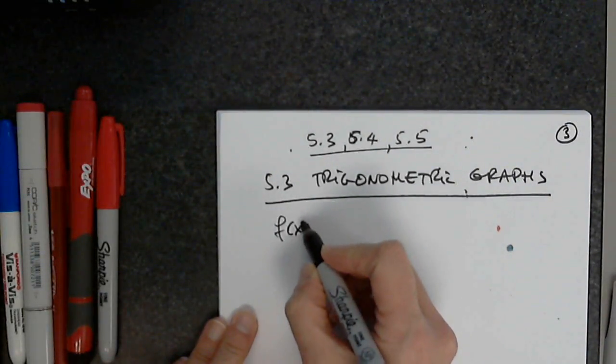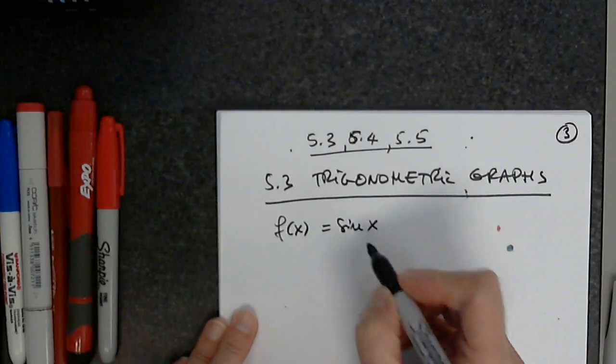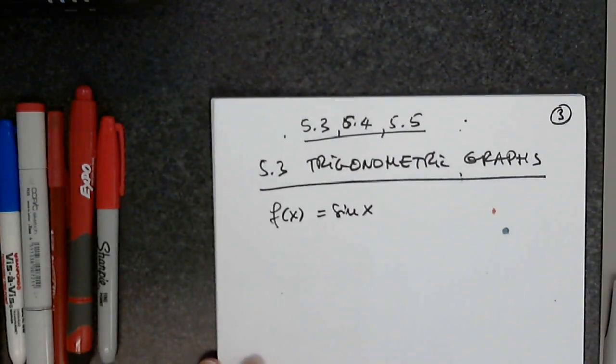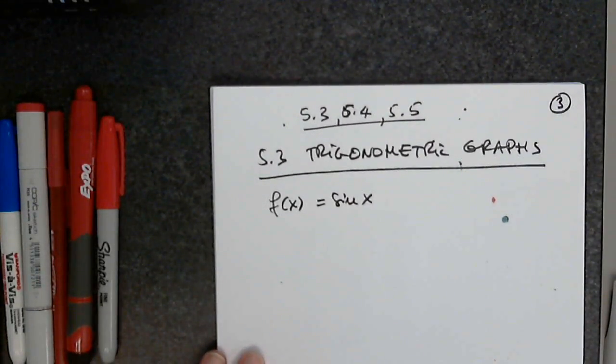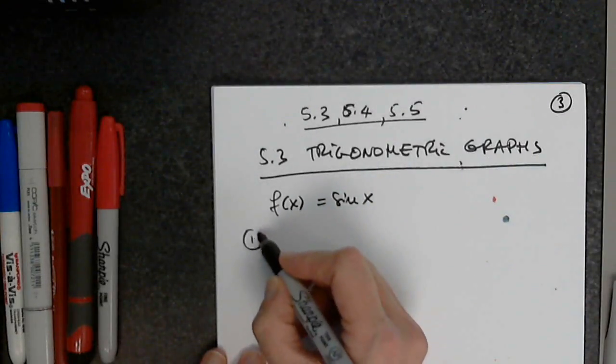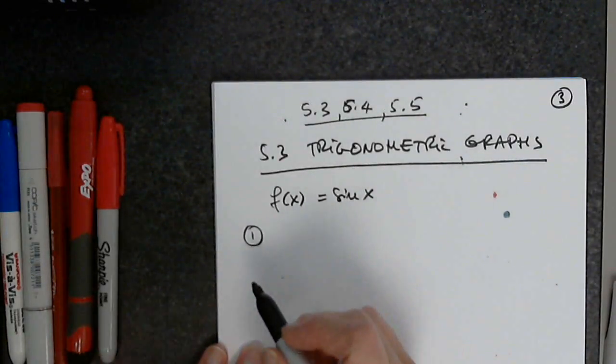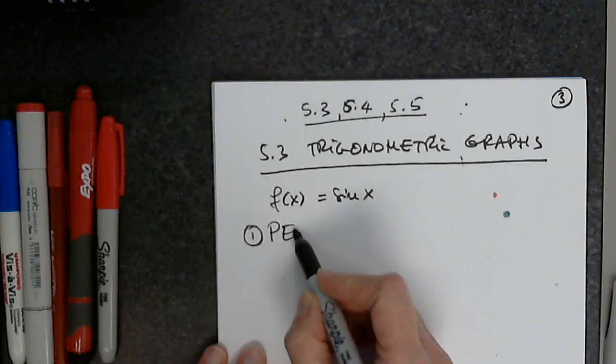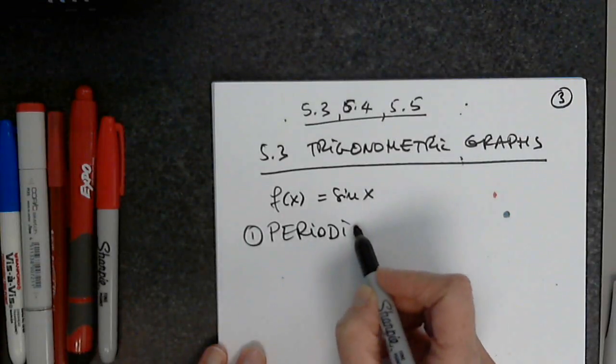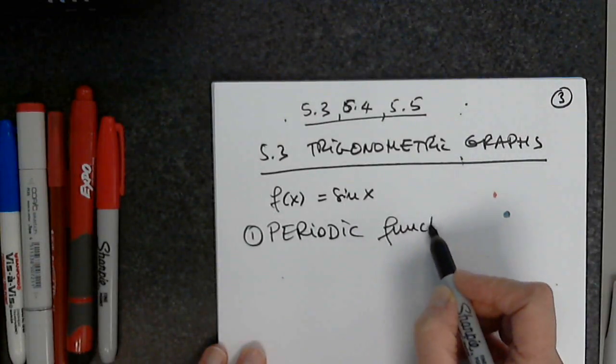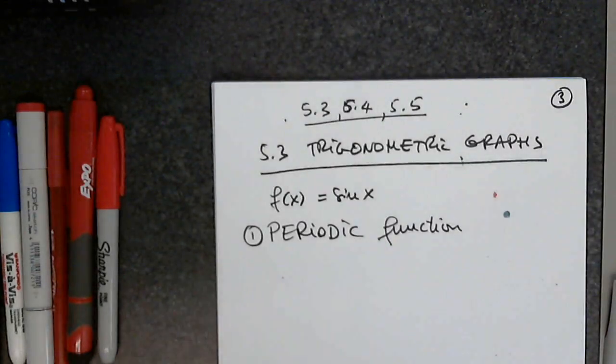So f of x equals sine x. Number 1, I'd like to mention the fact that it has a very important property. It's a periodic function. So what does it mean? Periodic function. Here it is.